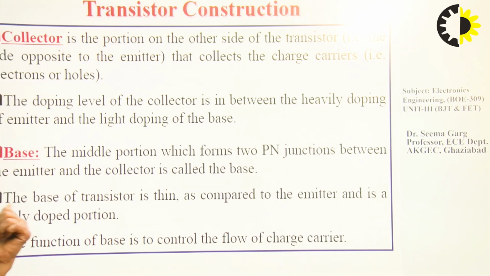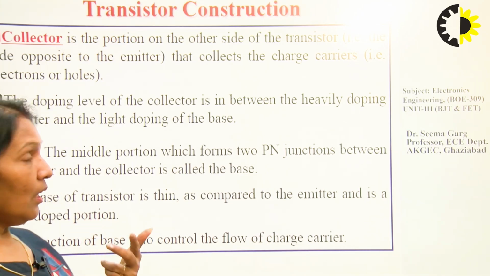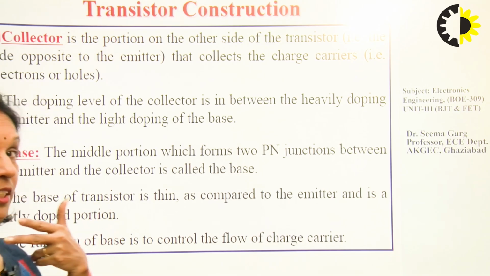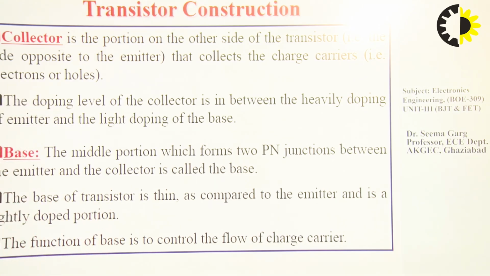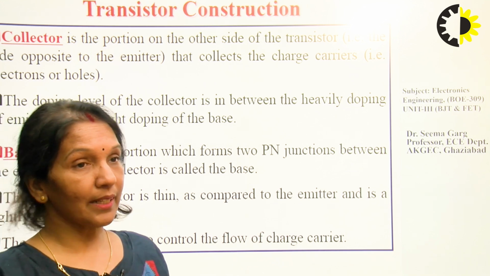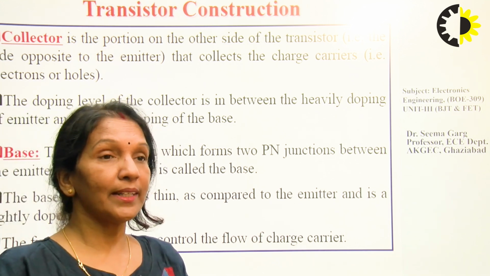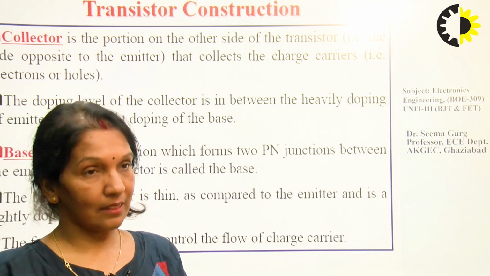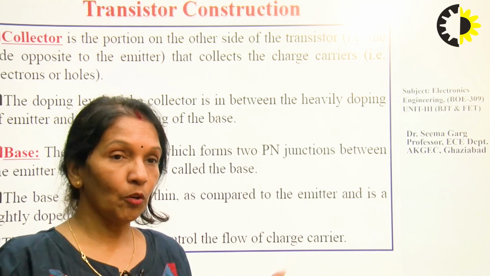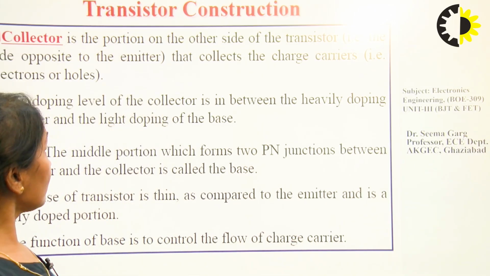The base is the middle portion, which forms the two PN junctions between the emitter and collector. The base of the transistor is very thin as compared to the emitter and very lightly doped, and because of that it provides higher resistance to the flow of charge carriers.